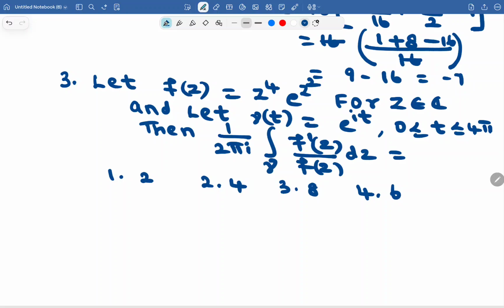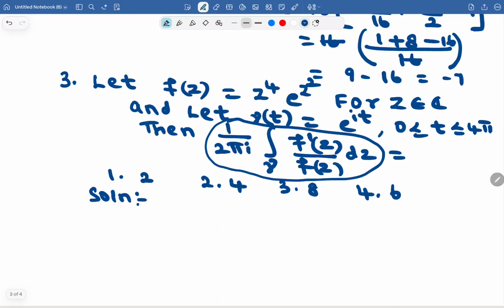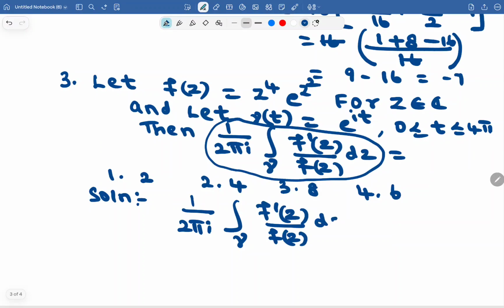See, in this problem, straight away after seeing this, it is easy to identify that the problem is based on the argument principle. Solution. What is the argument principle? 1 by 2 pi i integral over gamma of f dash of z by f of z dz is N minus P. Equation 1. This is the argument principle theorem.